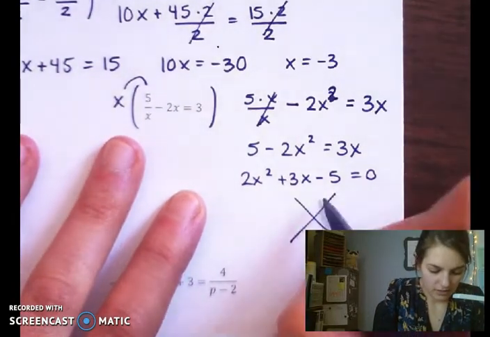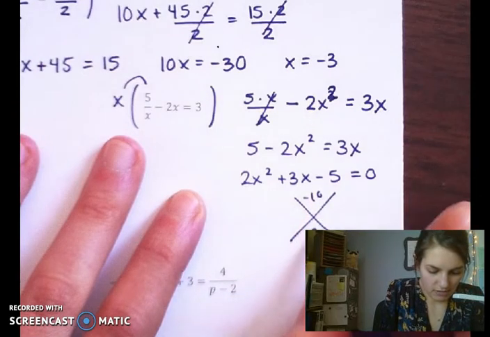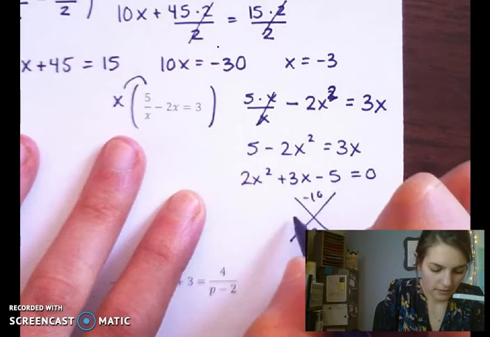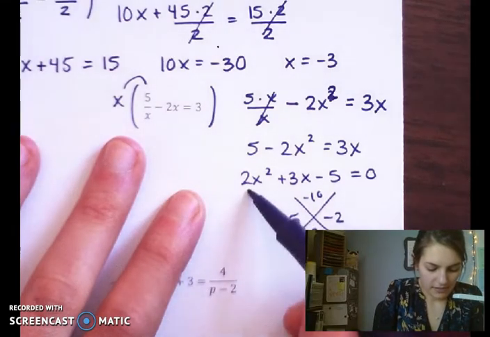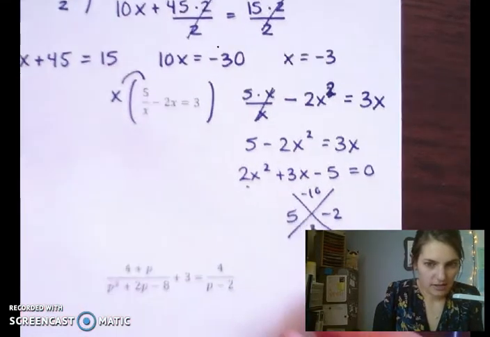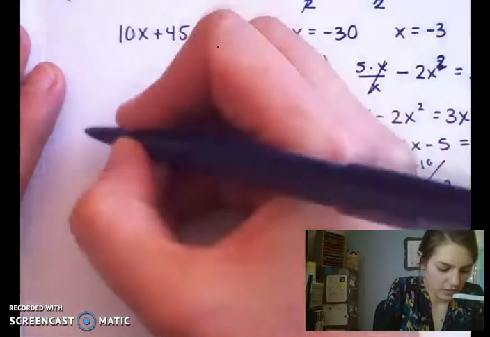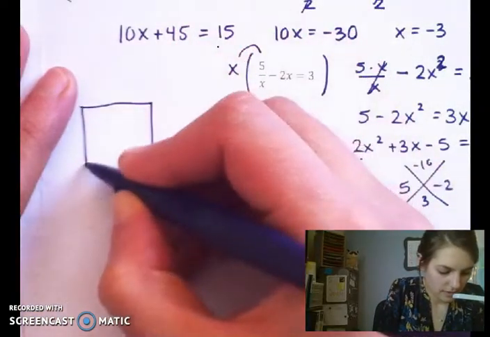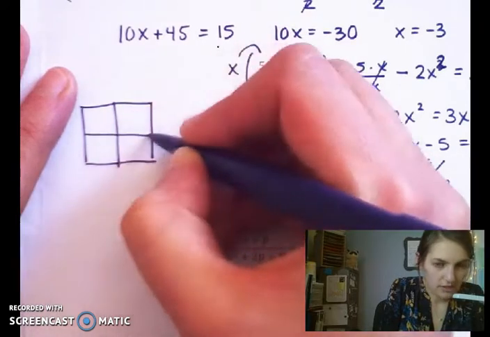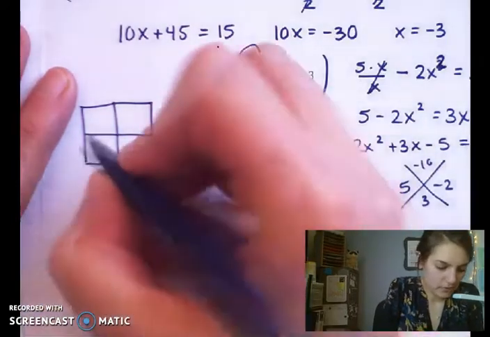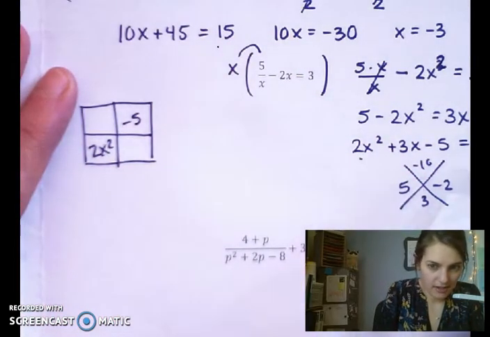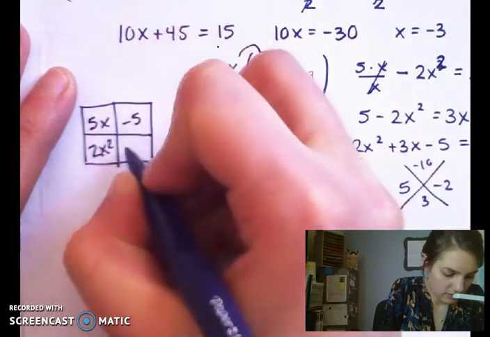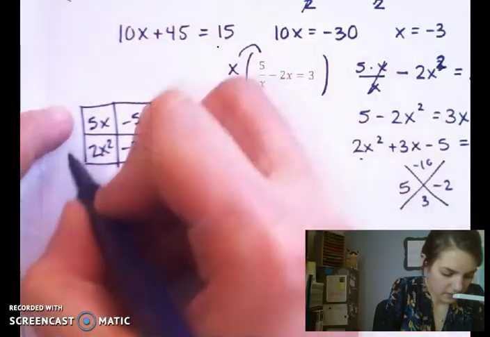which I believe factors. What multiplies to negative 10 and adds to 3? 5, negative 2. But because of my 2 in front of the x squared, I need to use a box to get my factors. So, 2x squared, negative 5, fill in with my 5x and my negative 2x, unbox it.